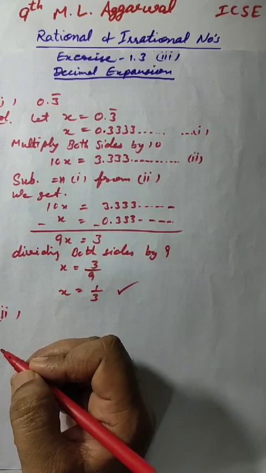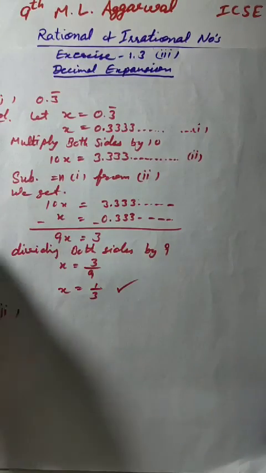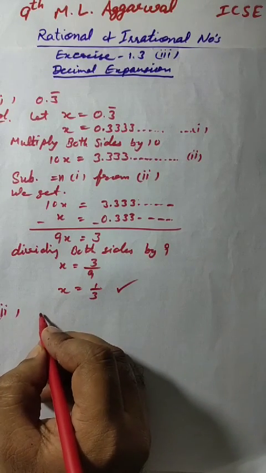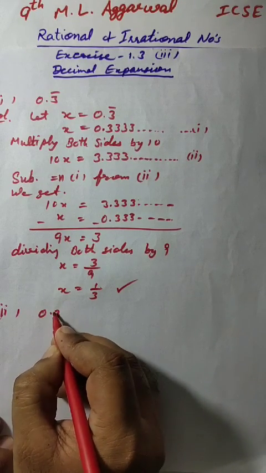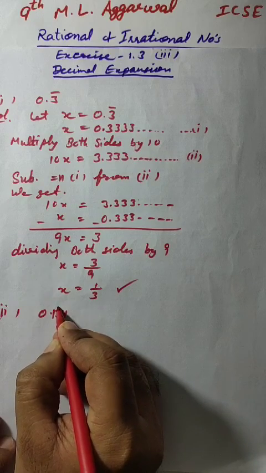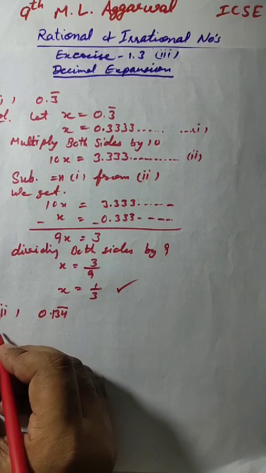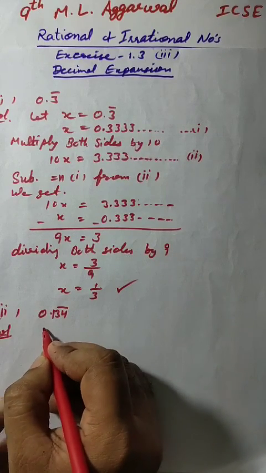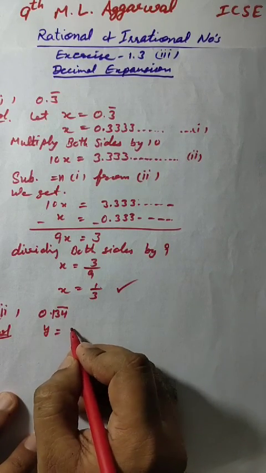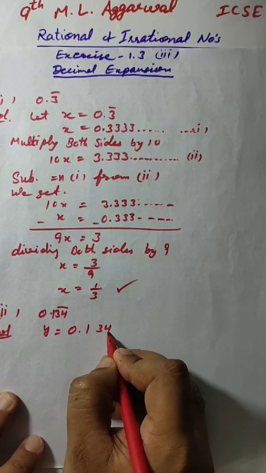If we are given a number like 0.1, 3 and 4, and there is a bar on 3 and 4 only, how will we solve this sum? Let us take the given number as y, 0.1, 3 and 4.